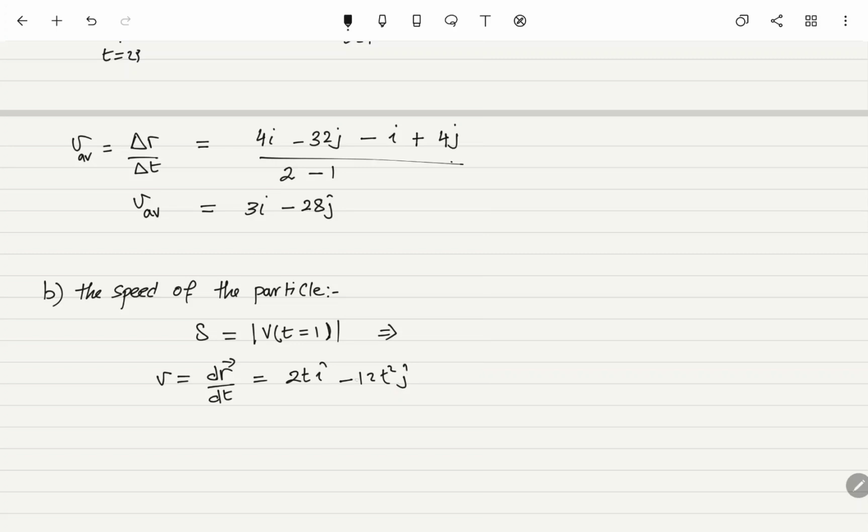You substitute 1 back in, so v equals 2i minus 12j when t equals 1. So the speed at t equals 1 is the magnitude of this vector: the square root of 2 squared plus minus 12 squared.